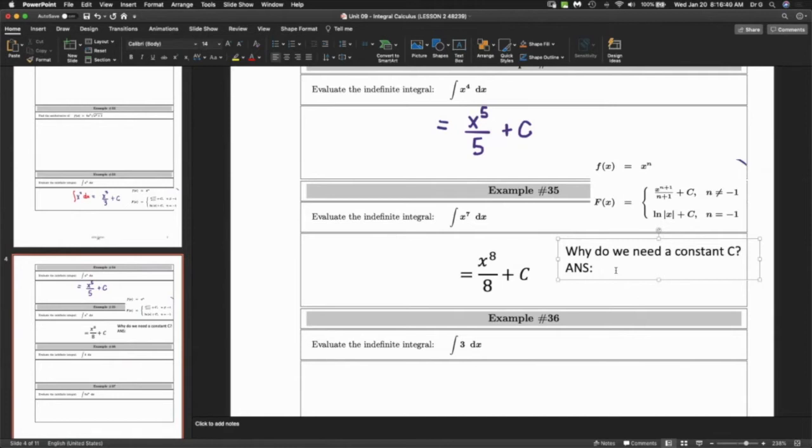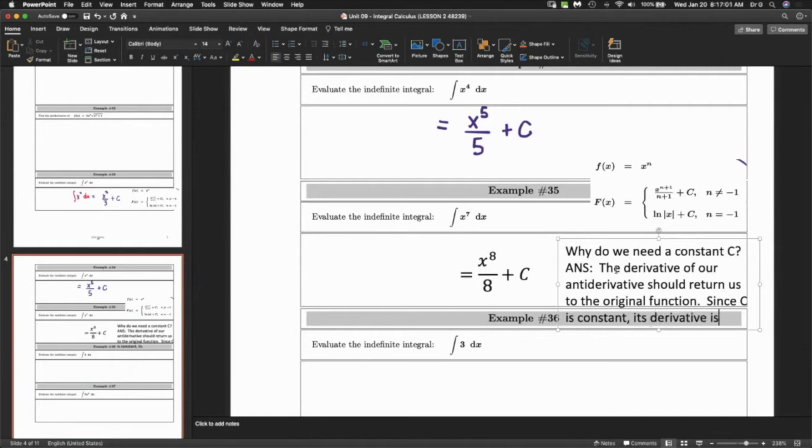So the derivative of our antiderivative should return us to the original function. Since c is constant, its derivative is 0. Perhaps my answer is even more annoying than my first answer, but I hope that made sense to you.